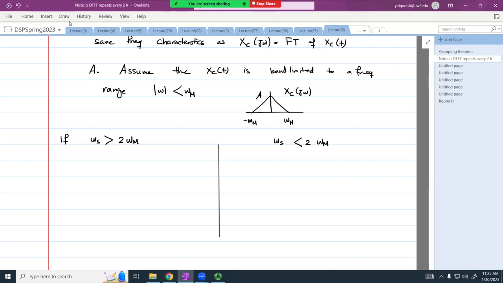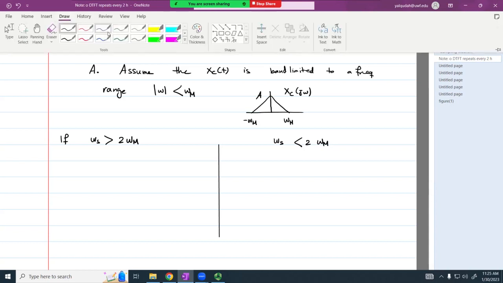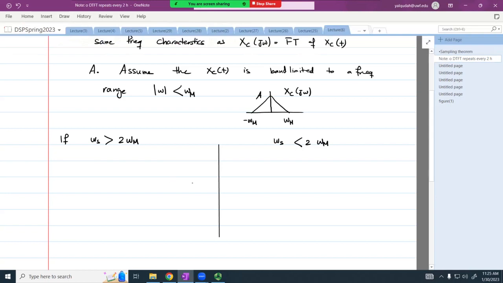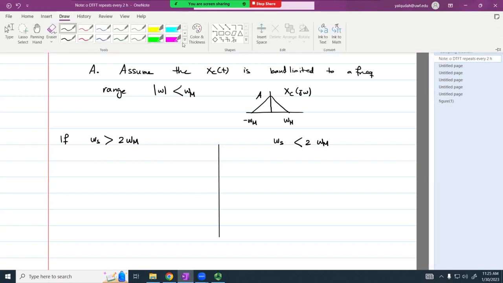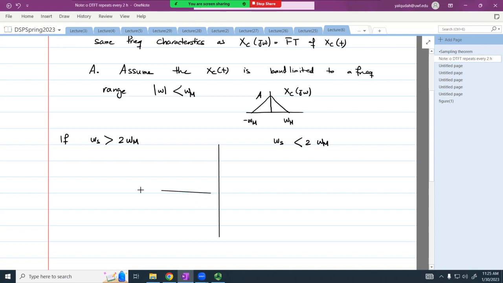How does the Fourier transform look of the sampled signal when omega s is greater than twice omega m? It's going to look similar to the one we just did. So Xs of j omega is going to look something like this.